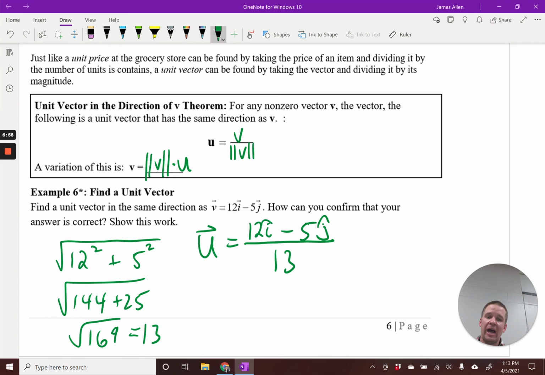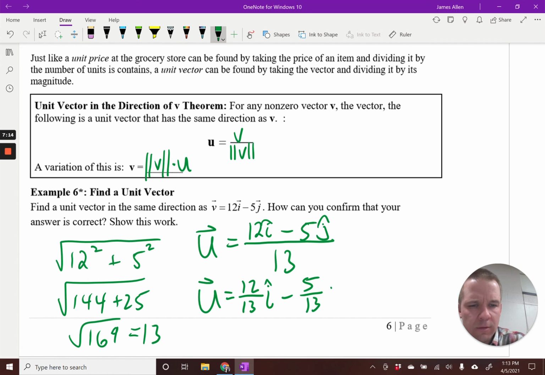All right. So when I divide this out, fractions, right? I'm going to break it apart. There we go. 12 over 13 i hat minus 5 over 13 j hat. That is the unit vector, a length of 1.